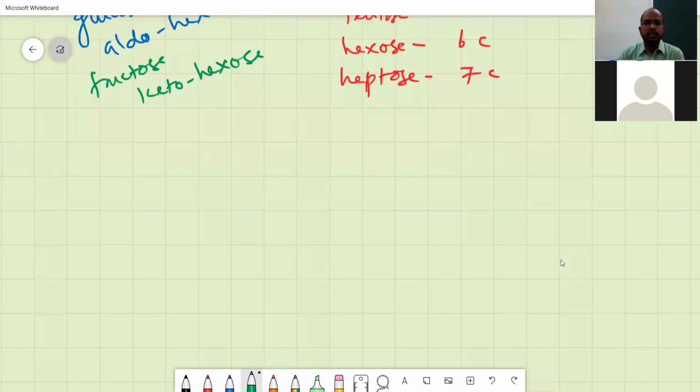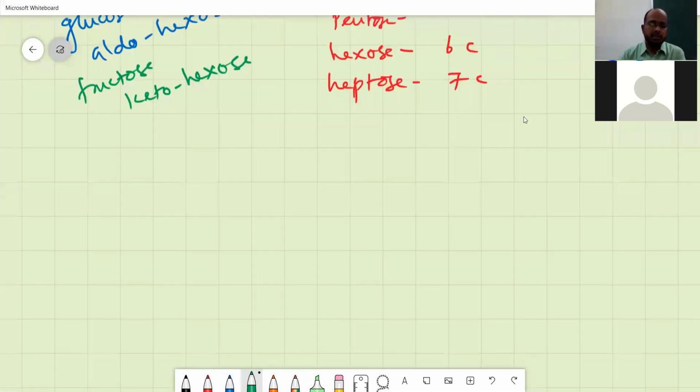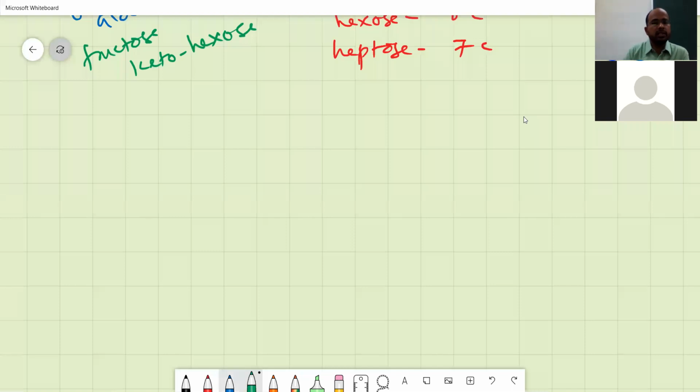Then the fifth, very essential point is the Haworth structure. This is a very often asked question. I'll tell you what the Haworth structure is. Before writing the Haworth structure, you have to write the open chain structure.